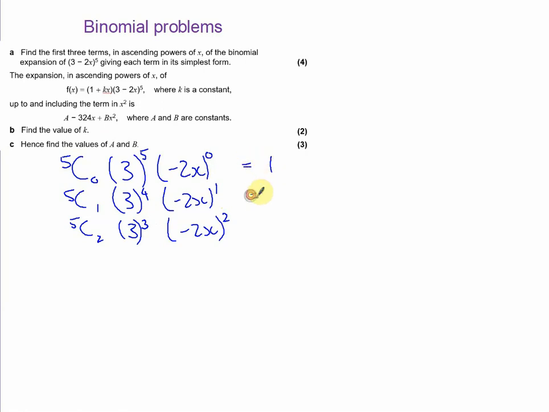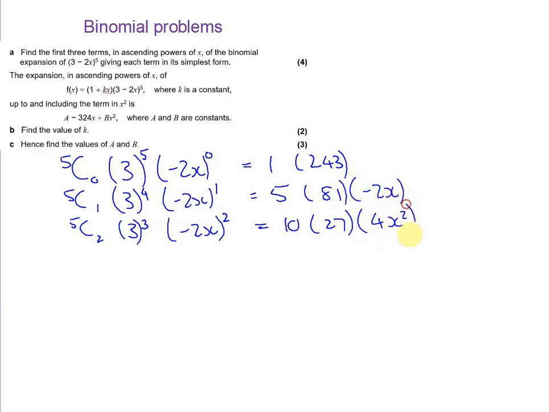So we get 1, 5, 10. We've got 243, 81, 27, minus 2x, and 4x squared. So we have 243 minus 810x.